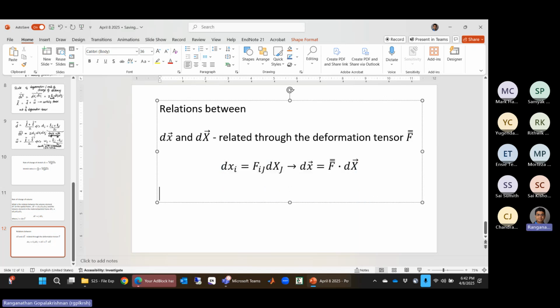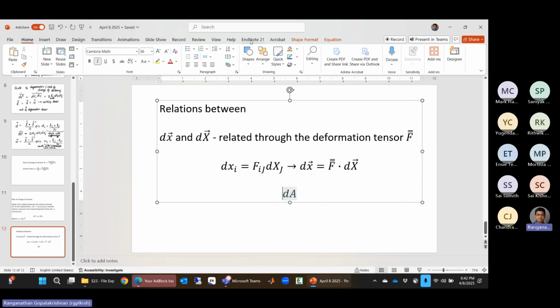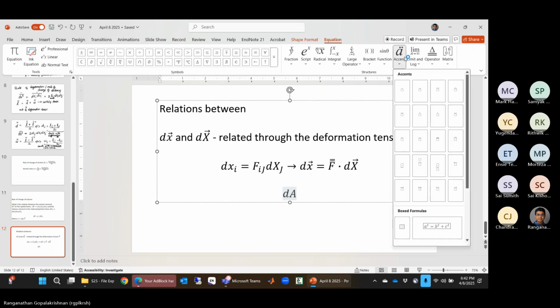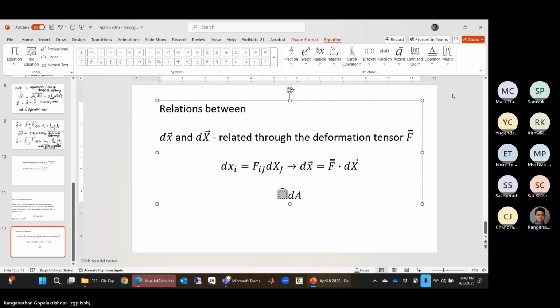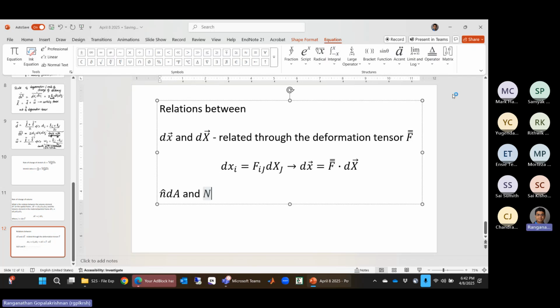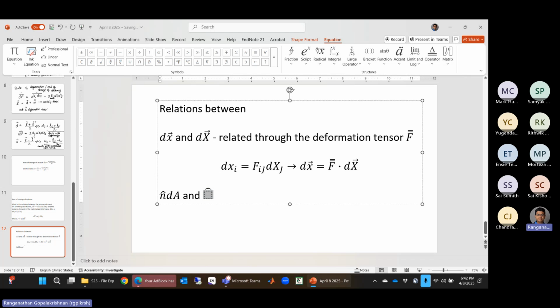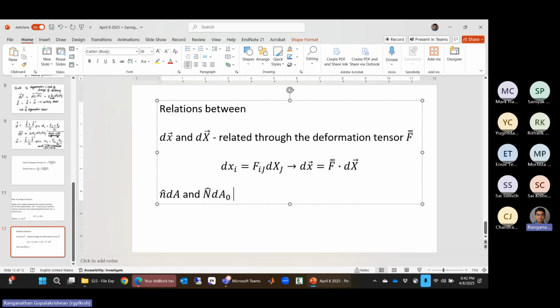We also saw what is the relation between n cap times dA, where n cap, or n uppercase, is the normal vector of the area element in material coordinates. n cap and dA naught are related through the deformation tensor, which I won't write again.